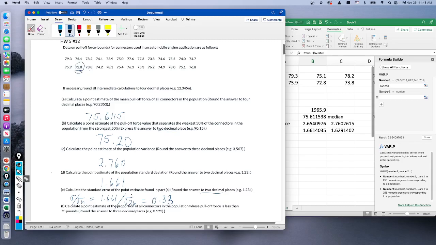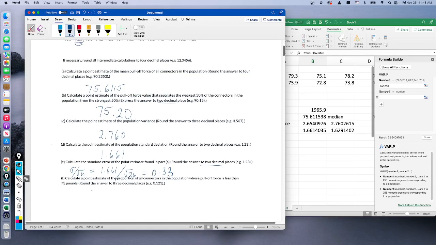So again, what we would do is use the sample. There was 1 out of 26. 1 divided by 26 would be about 0.038, to 3 decimal places, or 3.8%.